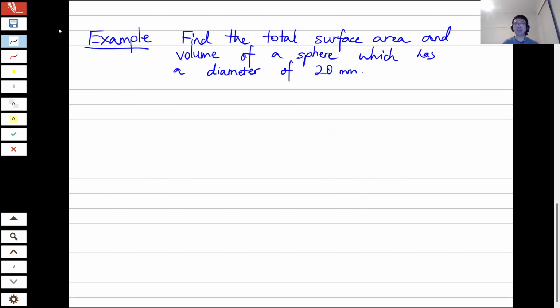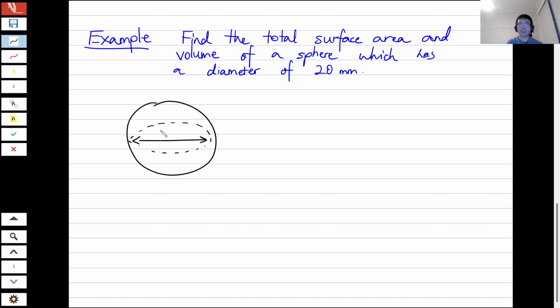So let's do an example. Here, I've told you that we have a sphere which has a diameter of 20 millimeters. Now, the reason why I haven't given you the radius is to remind you that the radius is half of the diameter.